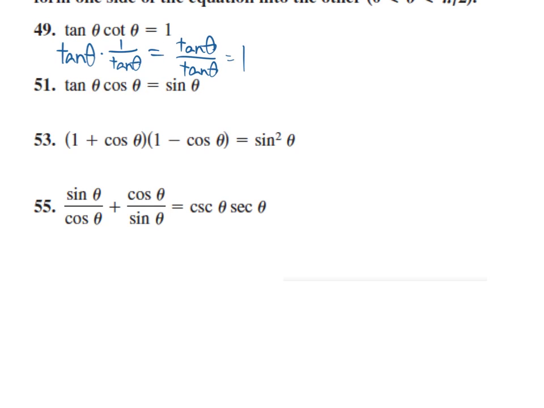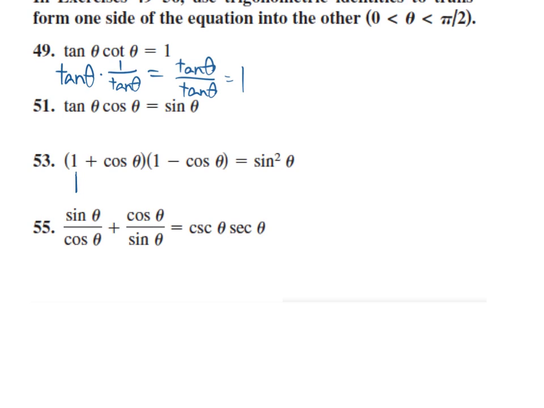Now that was a relatively simple one, but maybe I have 53, okay? On the left-hand side there I see two binomials, alright? Why not? I could multiply those out. What would I get if I multiply those out? Cosine squared... minus... plus 1. Hang on. We'd get a 1.